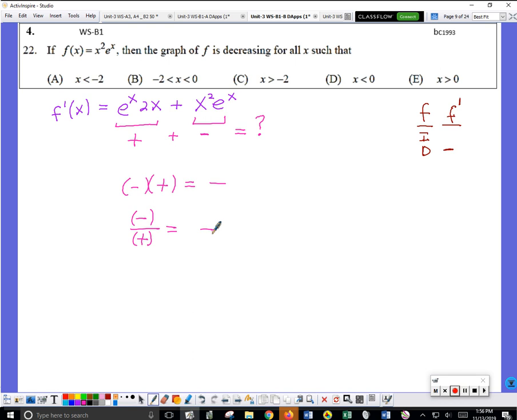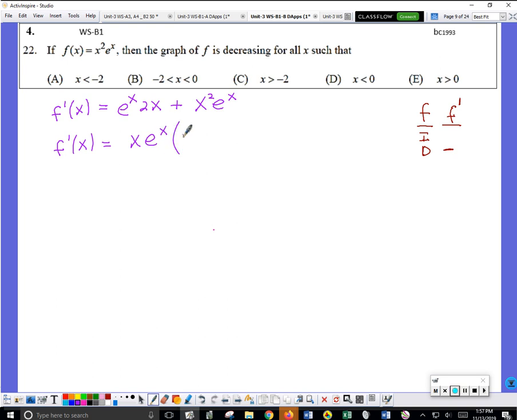So that's why we factor. So factored, we have this.